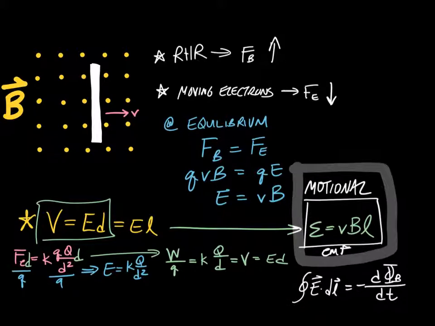And this would be a mathematical statement of what motional EMF means. Motional electromotive force. All right. We'll give an example of this, of why it's important in technology, then we will take a break.